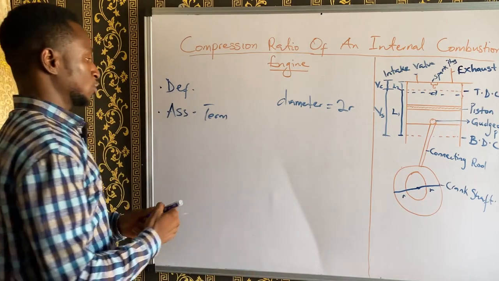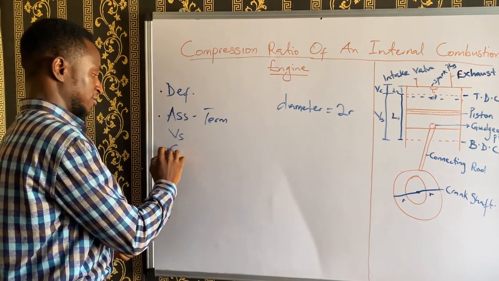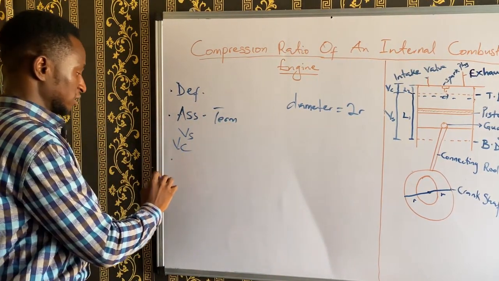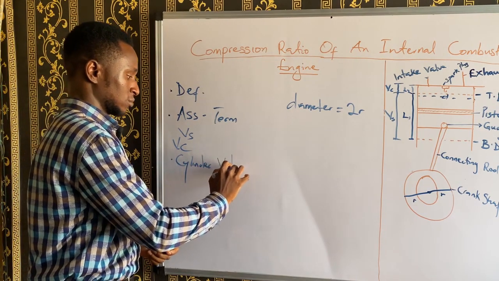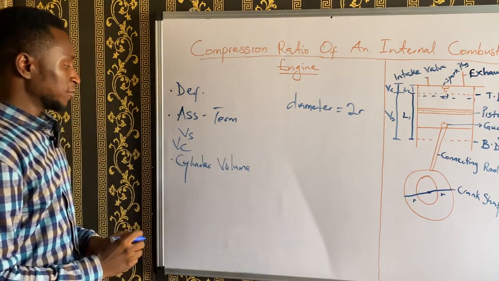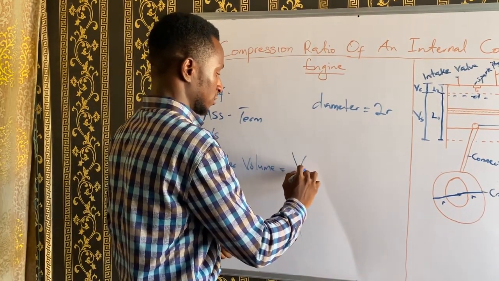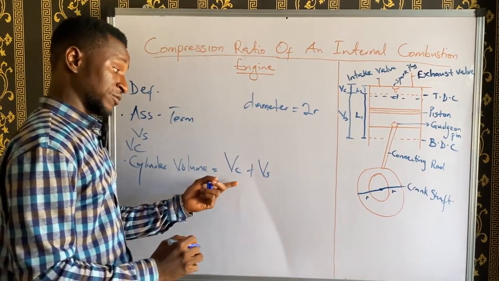So remember that our swept volume is given as Vs and our clearance volume is given as Vc. The next is cylinder volume. The cylinder volume is the sum of our Vc plus Vs, or Vs plus Vc.